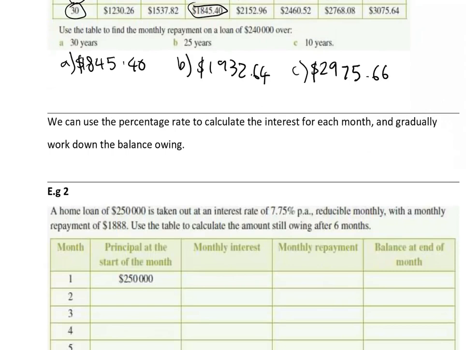Sometimes we're given a percentage rate, and often this is given per annum, which means per year. If we want to find out how much interest is added per month, then we simply have to divide by 12. So for this example, monthly interest equals 7.75% divided by 12.